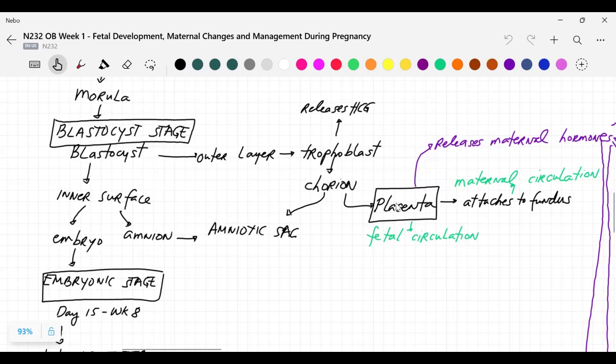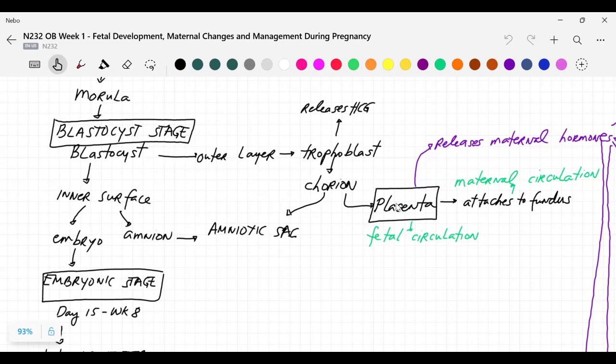So the placenta is this organ that only pregnant women have that provides the nutrition for the baby. So as the fetus is growing, the placenta is growing, it attaches to the fundus of the uterus. The fundus is the top of the uterus. So it attaches to the fundus of the uterus, it grows, and then it connects to the mom's blood vessels.